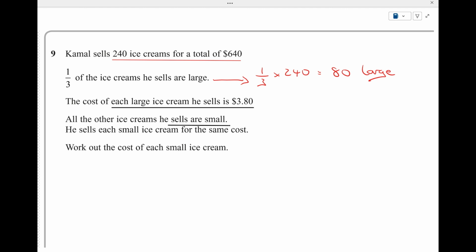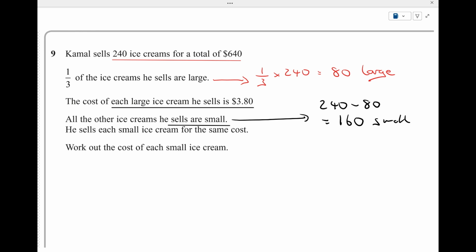Wait a minute, I can work out how many small ice creams he sells. Small, 240 is the total. 80 of them are large. Do that on my calculator. He sells 160 small ice creams. He sells each small ice cream for the same cost. Work out the cost of each small ice cream.